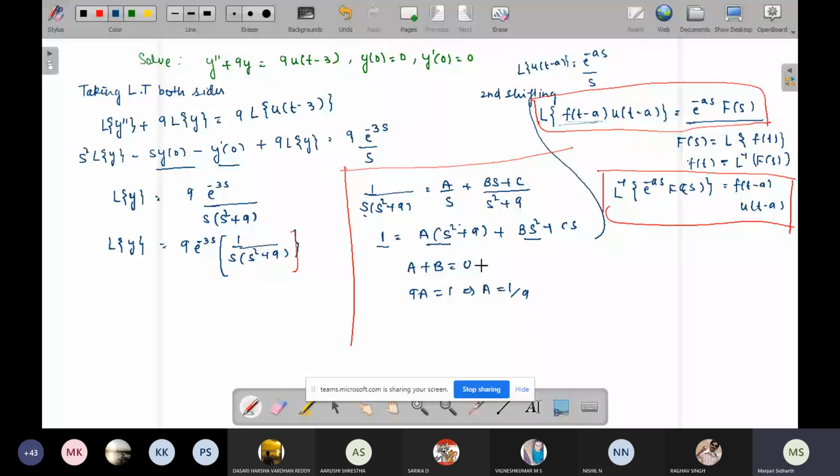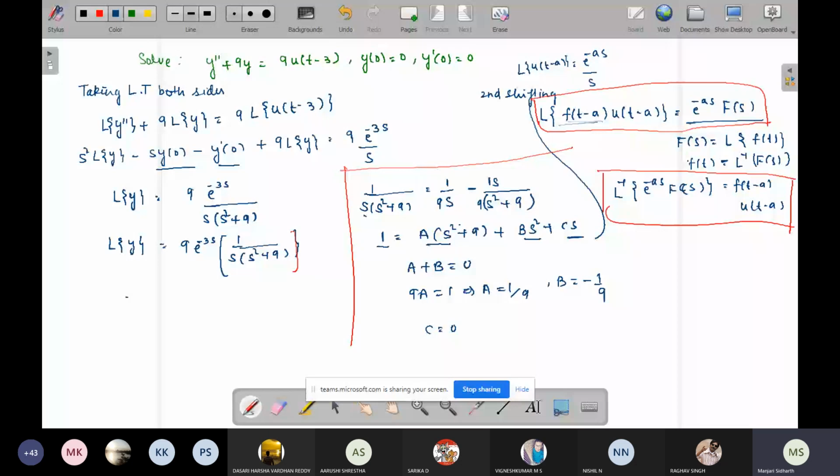Now comparing the coefficient of s, you get C is equal to 0. That means A is 1 by 9, B is minus 1 by 9 and C is totally 0. So it is the partial fraction of this.